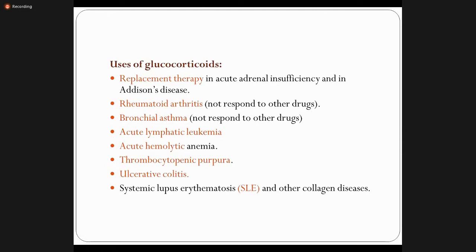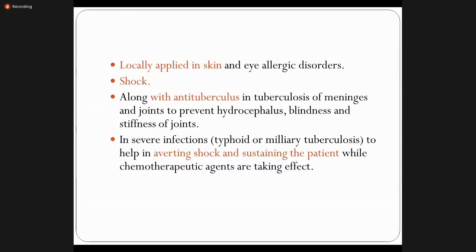Okay, we can use them in a condition like acute lymphatic leukemia. This is one of the blood disorders. Also acute hemolytic anemia, thrombocytopenic purpura, ulcerative colitis, systemic lupus erythematosus, SLE, and other collagen diseases. Locally applied in skin and eye in allergic disorders.